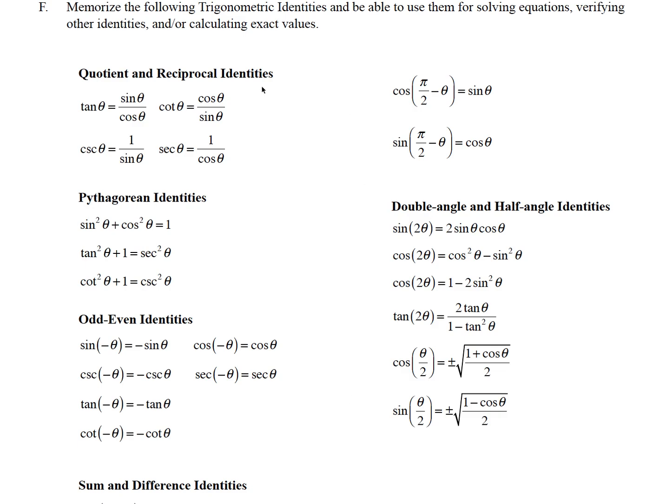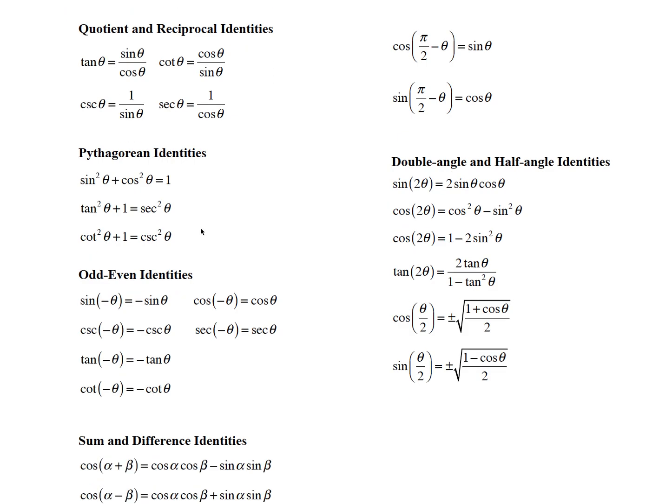Now, we should know the quotient and reciprocal identities without having to think about it. And the Pythagorean identities, even though you might have to think about them, they should be easy enough to memorize. These are very important to know as well, right now in this class and in classes going forward.